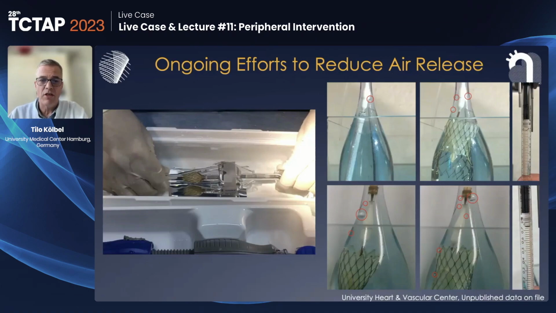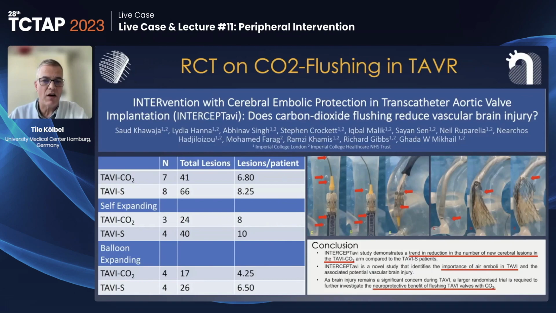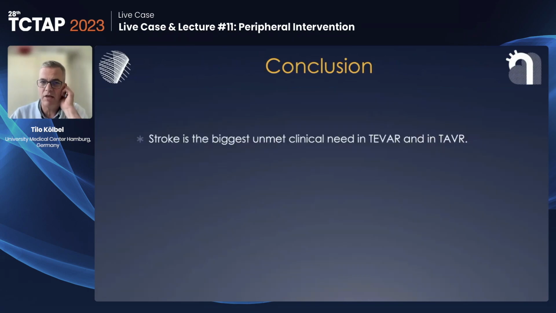Air is also an issue even when devices are loaded under water. You can see that there are still air bubbles released. There has been a recent RCT looking at carbon dioxide flushing in TAVR, showing a lower number of lesions when devices are flushed with carbon dioxide.